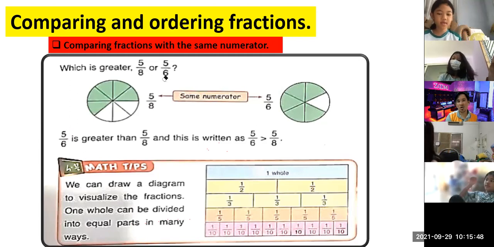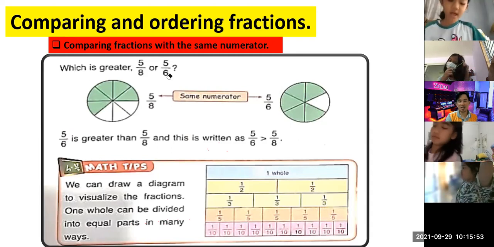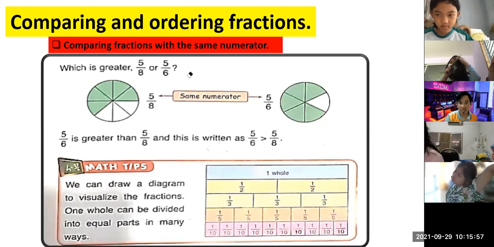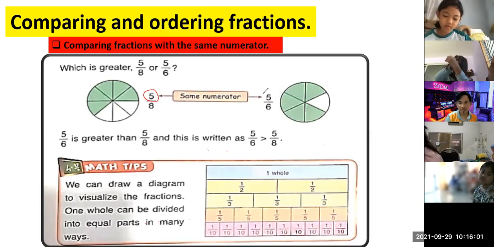Here, which is greater? 5 over 8 or 5 over 6? Same numerator, 5 and here 5. Here you will see 8. Here you will see 6.